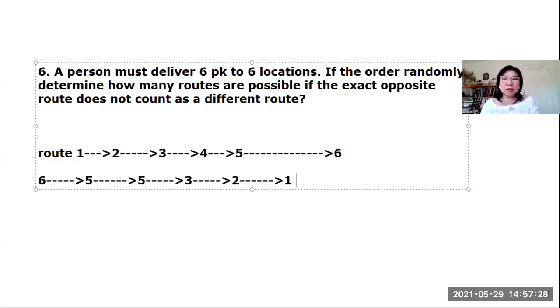So the first is the forward, and the second is backward in the opposite direction. If there are 2 directions like this, from route 1 to 2 to 3, you count it as 1 possible choice. The turning back, we don't count as a second. We just count it as 1.